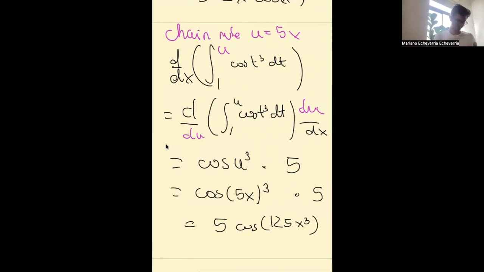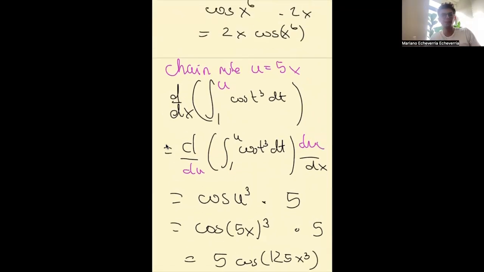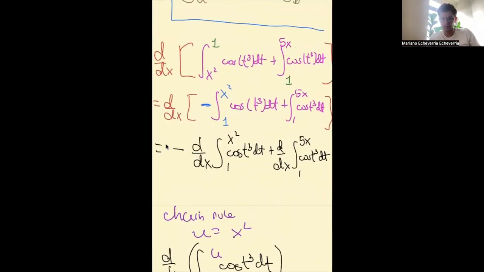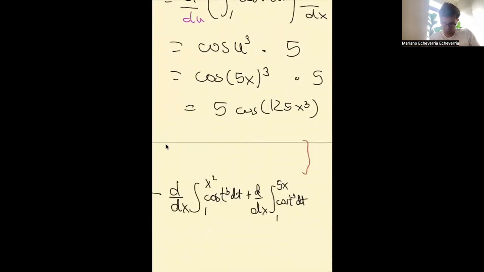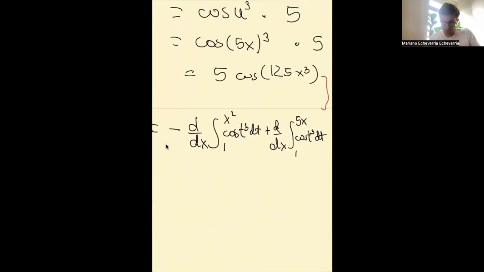Okay. And after you have done that, now it's just about combining these two formulas. So the actual quantity that we were after was this, but we just have the two pieces.